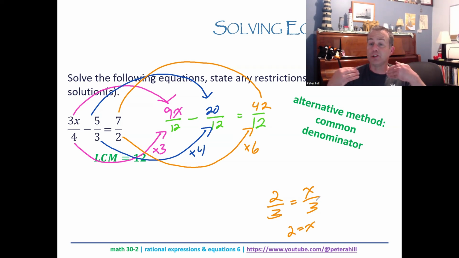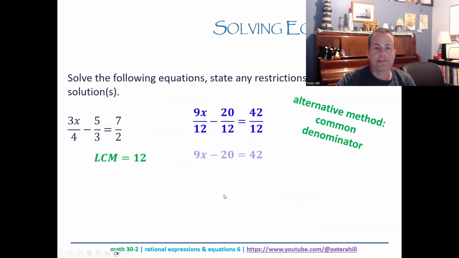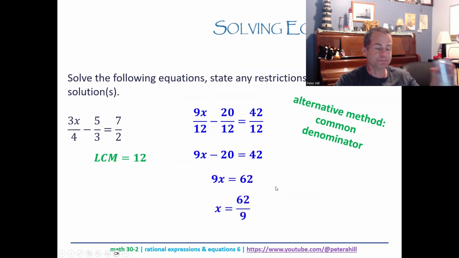So I can just pull my numerators out and solve from there. Okay, so that's what I did. I just pulled my numerators out, and now I'm going to solve. And if you remember from the last slide, I'm right back to where I was on that last slide now. I'm going to add 20, and then I'm going to divide by 9. Okay? Yay!